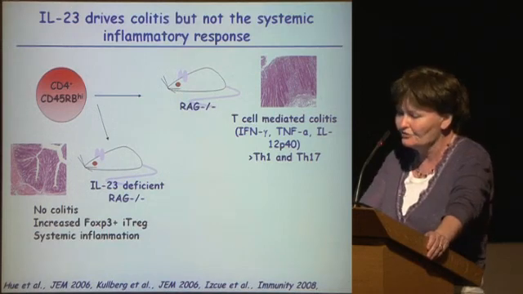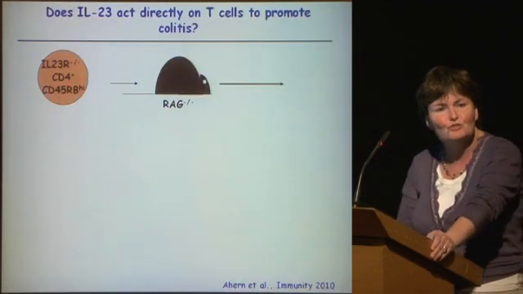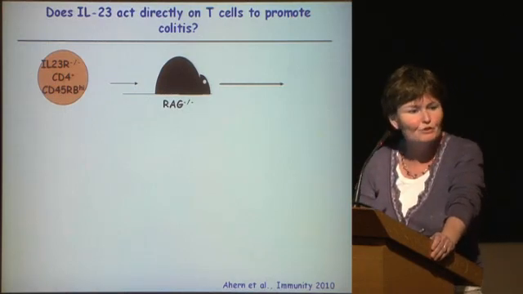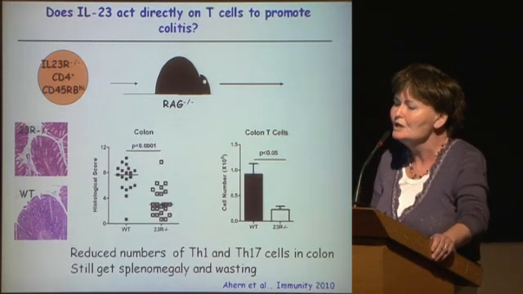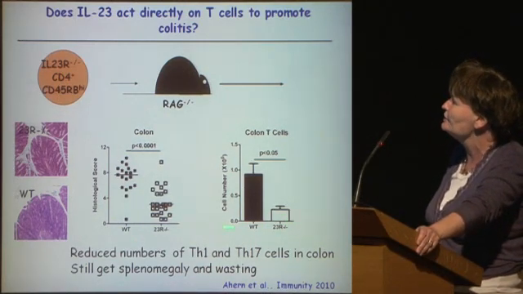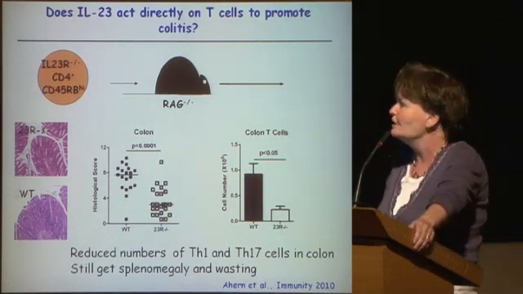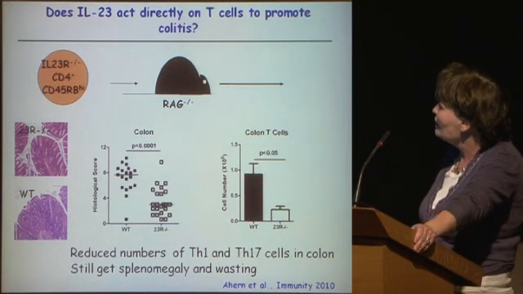So to address that, we asked the question whether IL-23 receptor deficient T cells would be capable of inducing disease in this model, and the answer to that was that they were markedly reduced in their capacity, one, to accumulate in the intestine, and two, to actually give the signs of colitis.